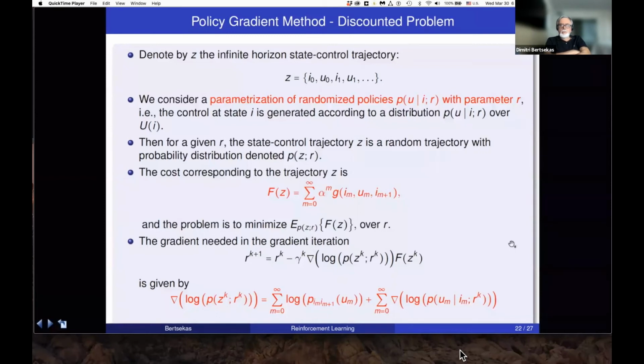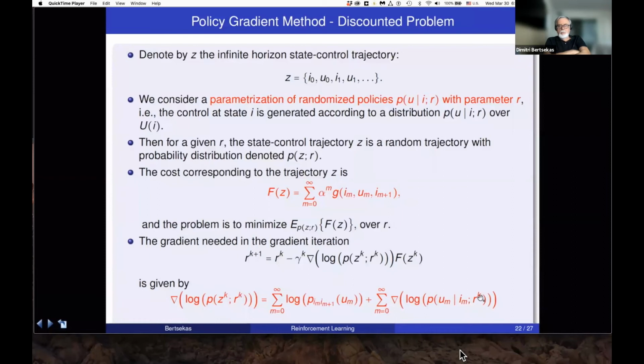All you need is a parametrization of the randomized policies, and to be able to generate sample trajectories according to the parametrization. You are at the point r_k that defines the policy, and you have all the stochastic description of the system, and then you can simulate a sample trajectory corresponding to r_k.